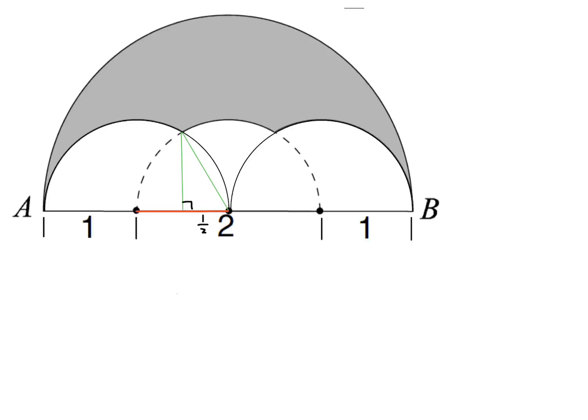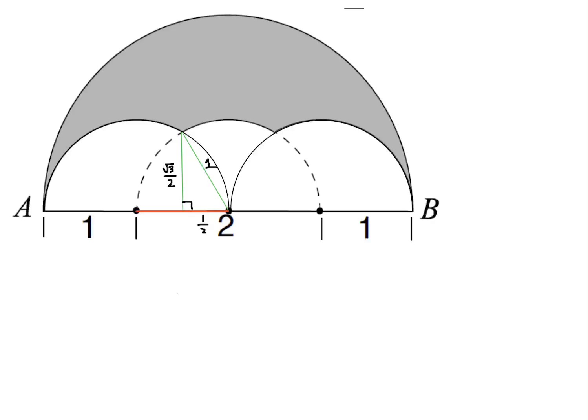And therefore, if that is a half, then what is this distance from here to here? Well, that's just the radius of the circle. So the radius, remember, is 1 because 2 is the diameter, and therefore this is 1. And then with Pythagoras, you can easily figure out that this height is root 3 over 2, like this.